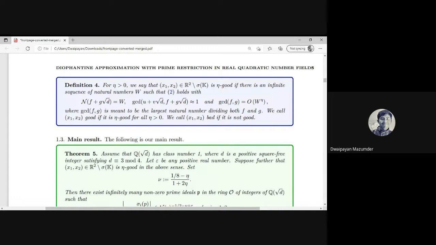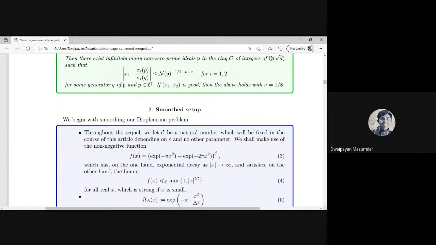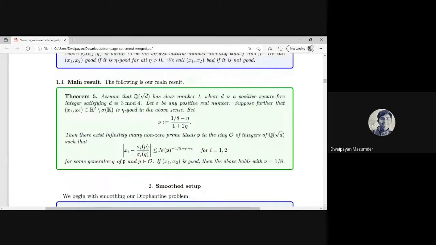So our main result is the following. Assume that Q(√d) has class number 1, and d is a positive square-free integer satisfying d congruent to 3 modulo 4, and let epsilon be any positive real number. Suppose further that x1, x2 belongs to R² minus σ(K) and is η-good in the above sense.